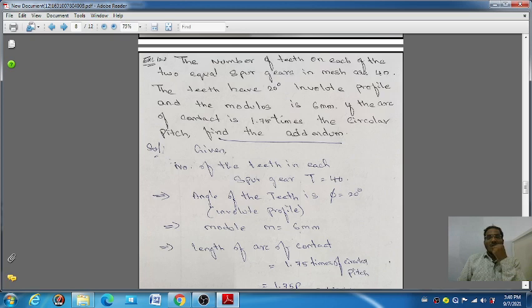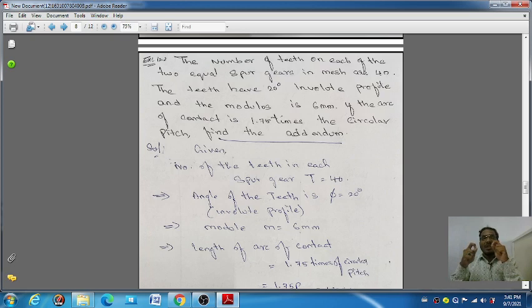Okay, the question is asking: the number of teeth on each of the two equal spur gears in mesh is 40. So the two gears are spur gears, and the outer surface of each gear has teeth.